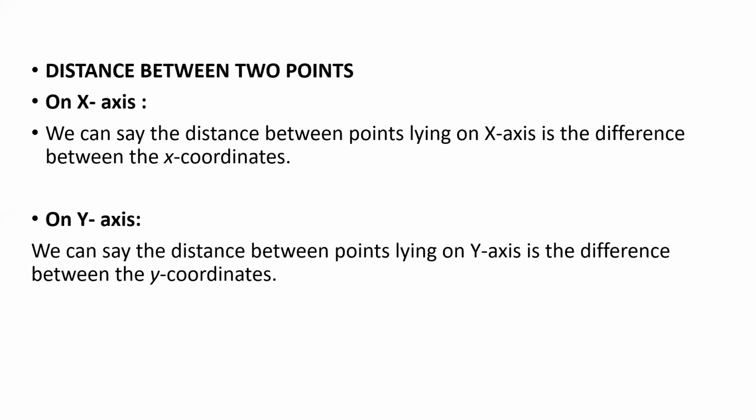So on the x-axis, the distance is the difference of the x-coordinates, and on the y-axis, the distance is the difference of the y-coordinates. Let's see it now. Here the horizontal number line, for the time being, let's consider it as the x-axis, and here I have marked 2 points.